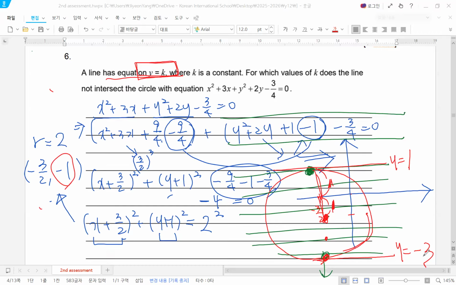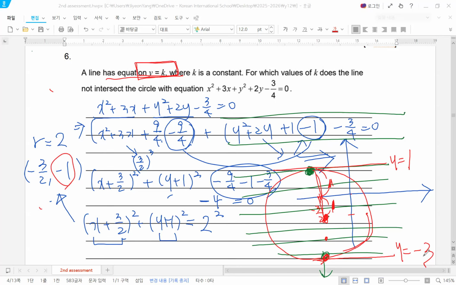So the radius is here too. So students, the lowest point of this circle, the y coordinate should be negative 3. Do you understand? So y equals negative 3 touches this graph at 1 point, and from below, they don't intersect each other.